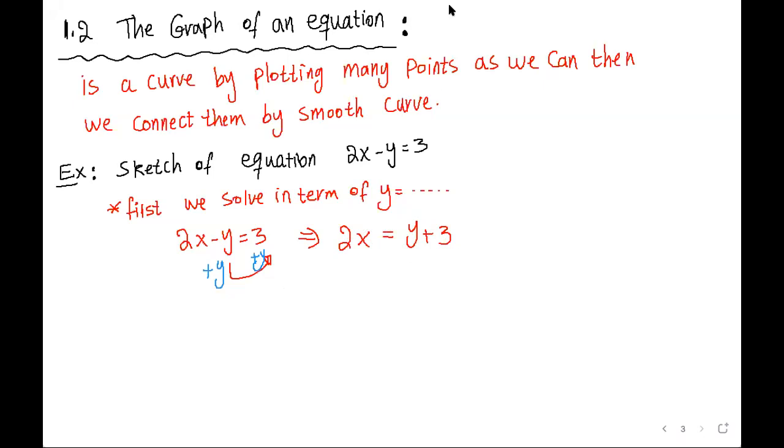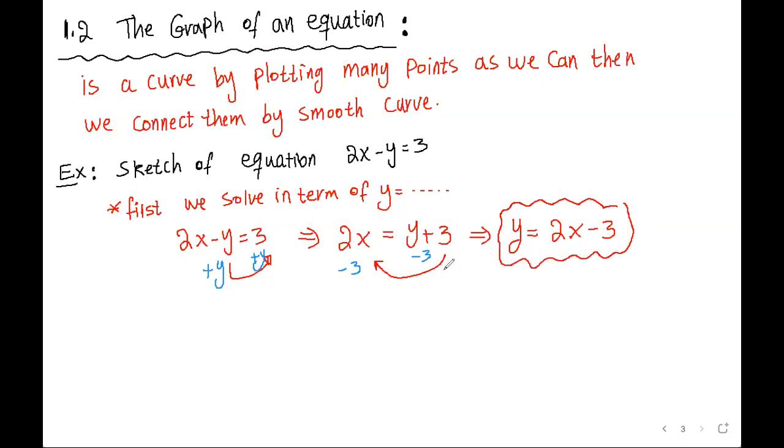To move it to this side, I subtract the 3 from both sides. Minus 3, minus 3. I get y equals 2x minus 3. This is the first step.